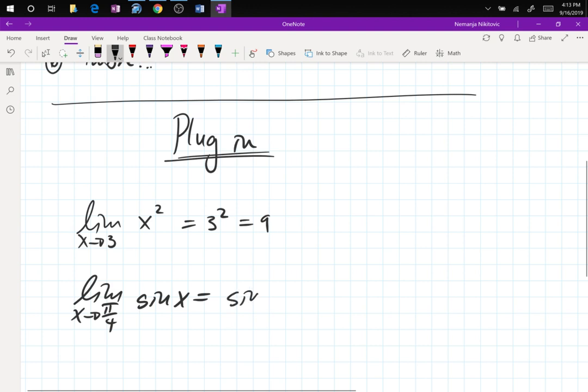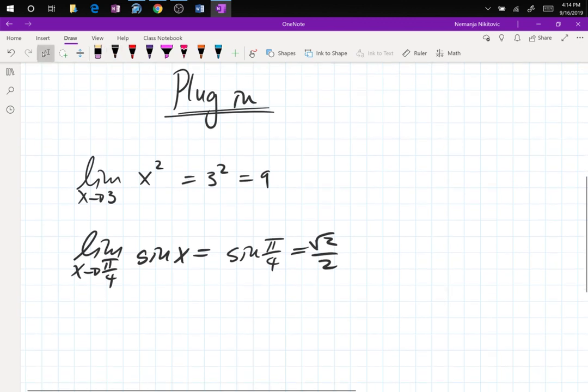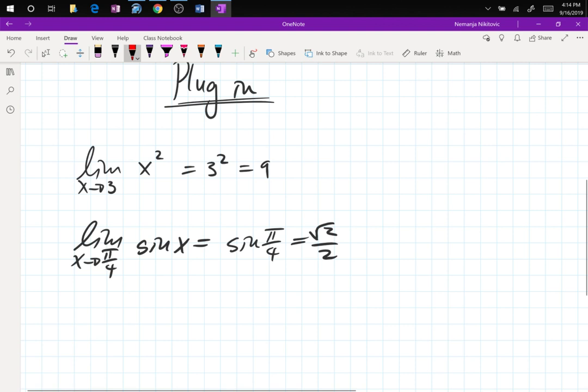So simply sine of pi over 4 is root 2 over 2, and you are good to go. So if you are able to plug in a value and get a number without any issues, then you can use it.